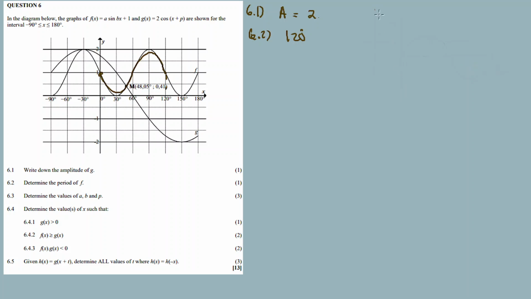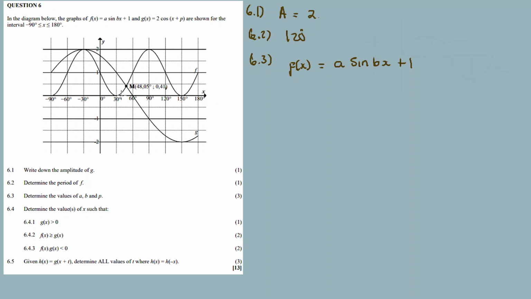Next question now, third question I mean. Third question, determine the values of a, b and p. a, b and p. Let me write down our formulas, these functions. f of x equals a sine bx plus 1. The reason why f is above the x-axis is because of moving up by 1 unit.